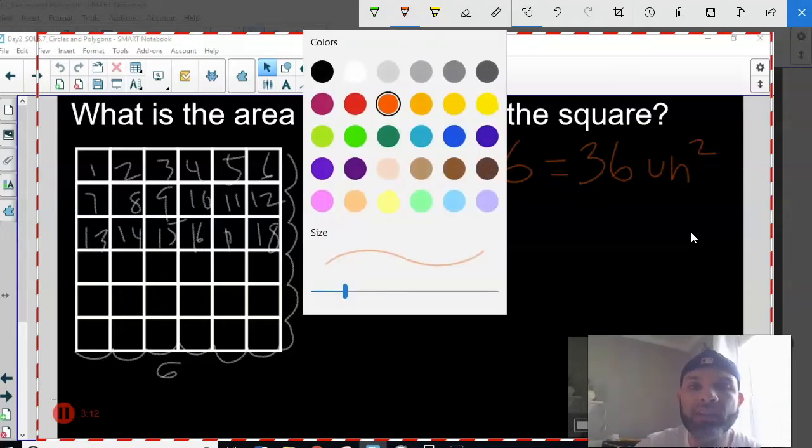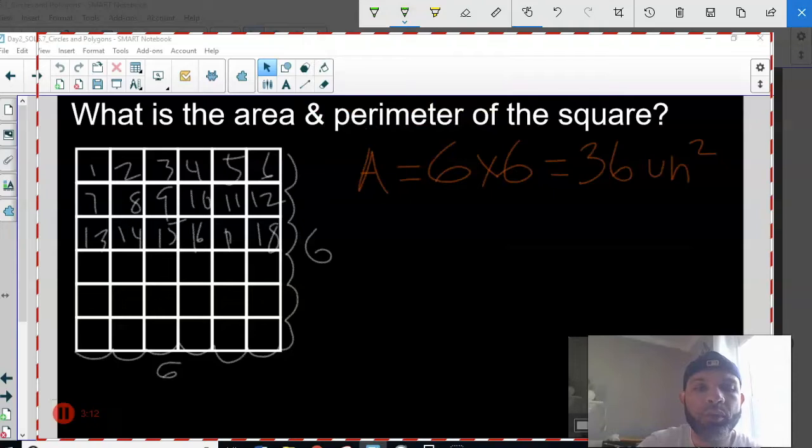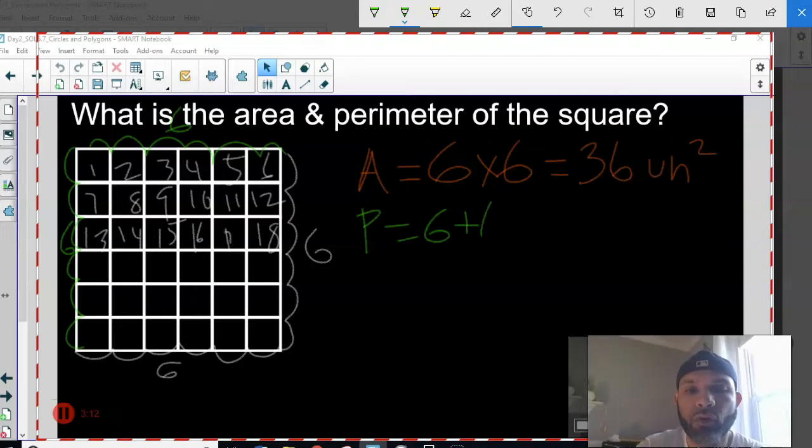Now, what about the perimeter? Well, the perimeter, we talked about it yesterday also, is the distance around the whole entire square. So if that's 6 and this is 6, it's a square, so it has all equal sides. The perimeter is just 4 6s, or 4 times 6.